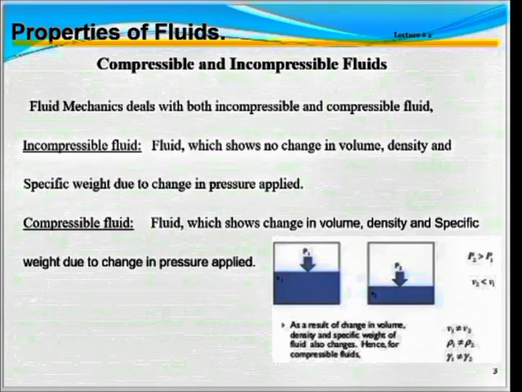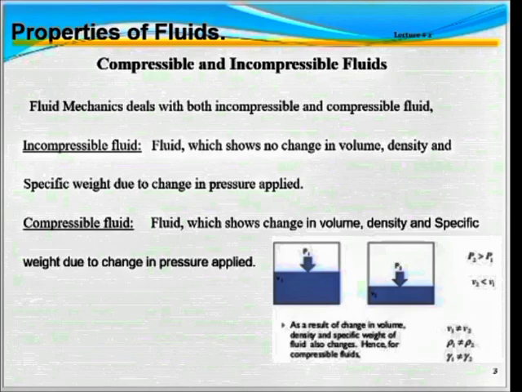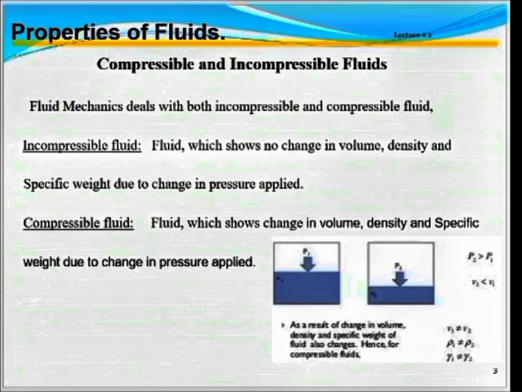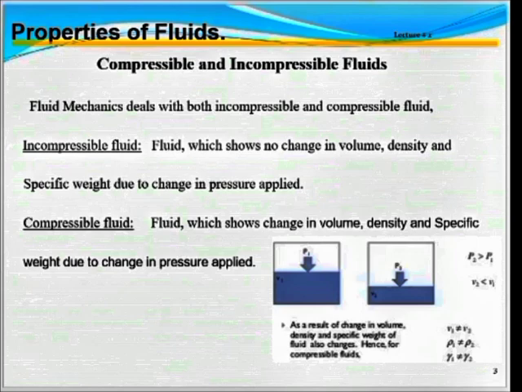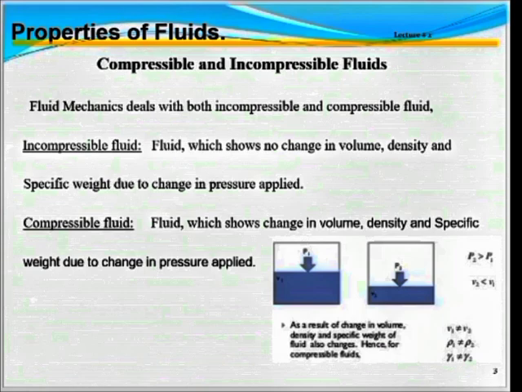Density is actually the ratio of mass per unit volume, and specific weight is actually the ratio of weight per unit volume. Density and specific weight are similar things, but the main difference is that specific weight depends upon mass as well as the force of gravity on the fluid, but density only depends on mass.